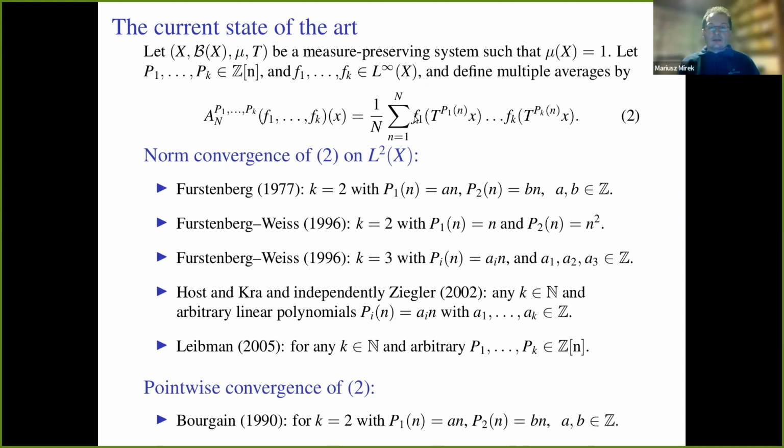Here we consider averages of this form, and the norm convergence, for instance, on L2 for the bilinear operators along linear polynomials was established by Furstenberg in 1977 in the context of his proof of Szemeredi's theorem.